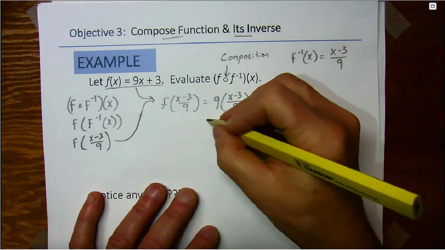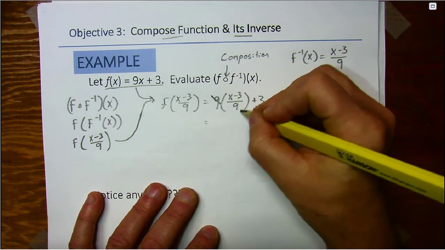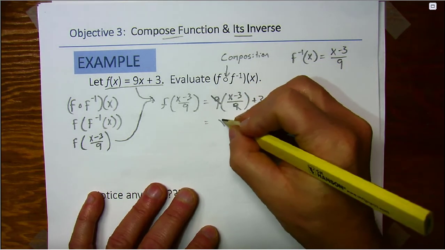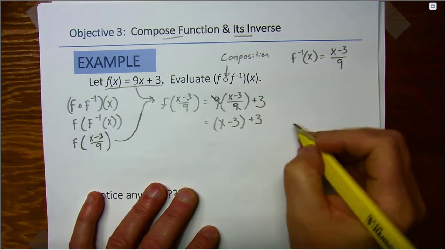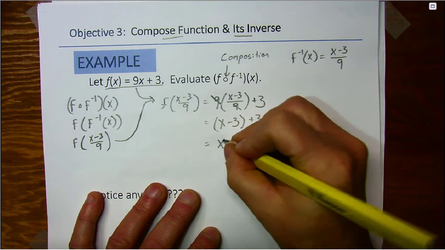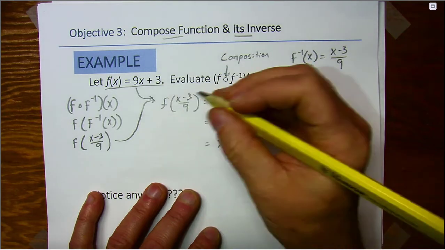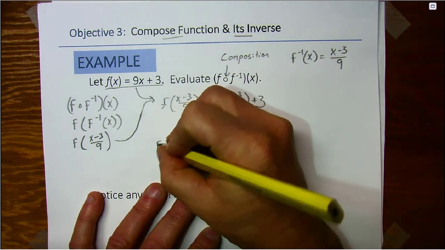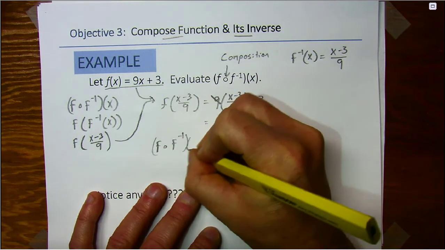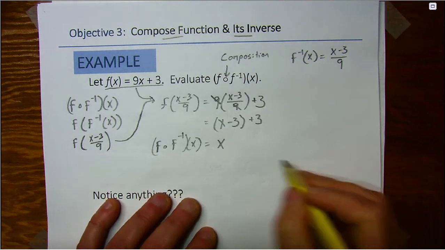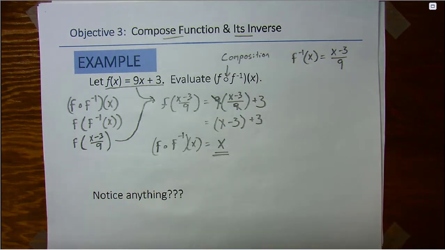So if we do that, the 9's cancel, and we're left with x minus 3 plus 3. But x minus 3 plus 3 is simply equal to x. And so as it turns out, our original statement, f of f inverse of x, those two composed functions give us x.